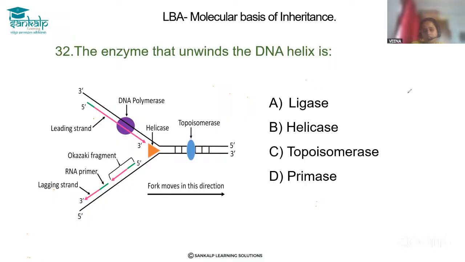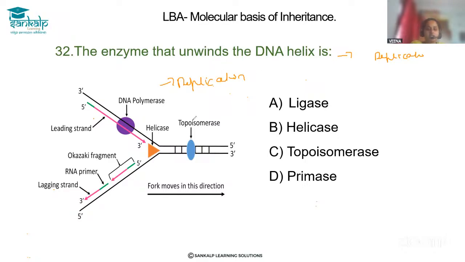Let's solve question 32. The enzyme that unwinds the DNA helix. So dear students, already we have discussed the enzymes involved in the replication process, right? Whatever you are seeing in the picture is the process of replication. So, which enzyme unwinds the DNA helix?